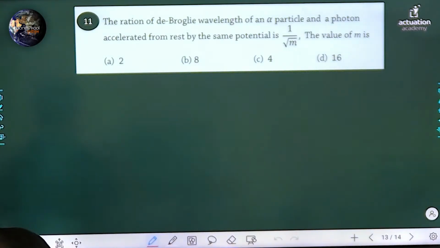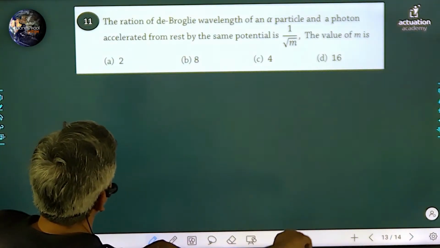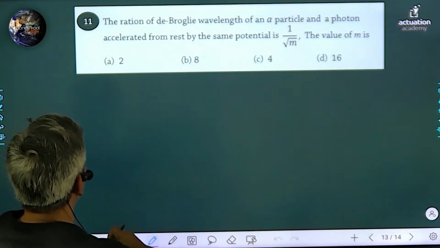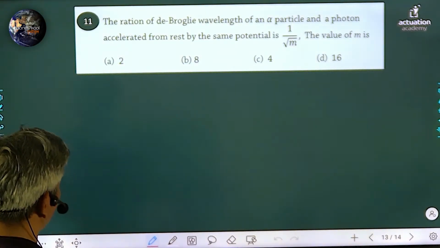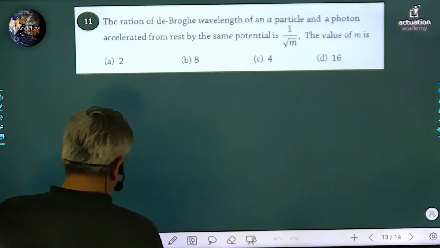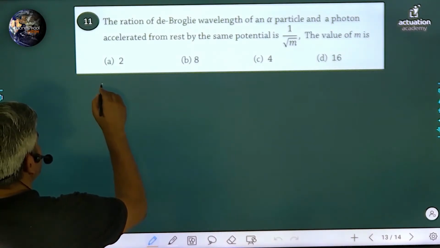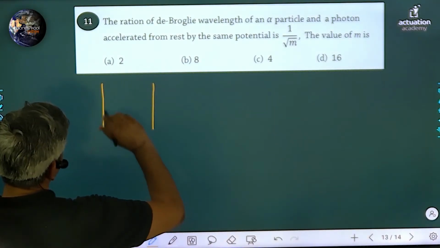Now let's move to question number 11. The ratio of de Broglie wavelength of an alpha particle and a photon accelerated from rest by the same potential is 1 by root m. The value of m is, I think this is going to be an easy one, because the concept is still the same.